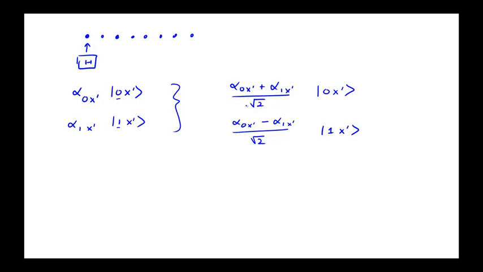So what it's doing in effect is updating all the 2 to the n amplitudes alpha sub x in this way.